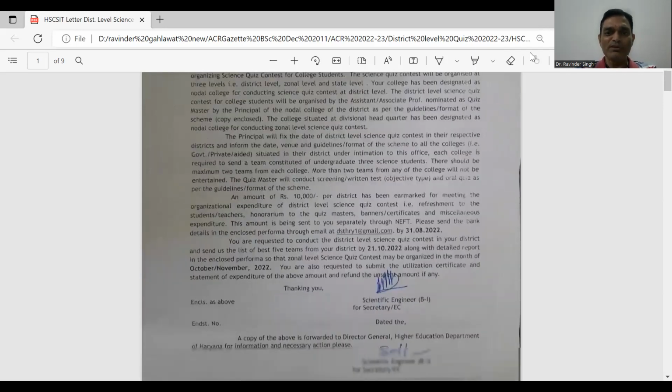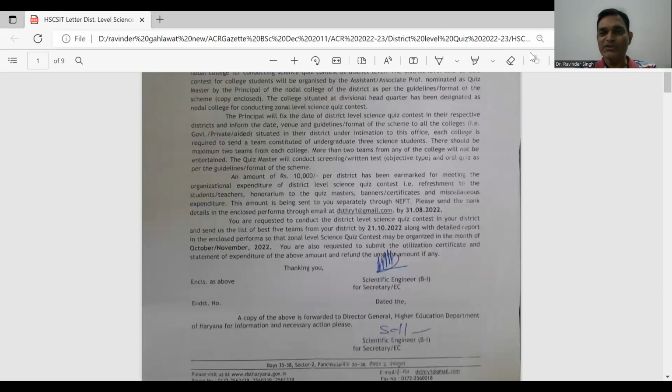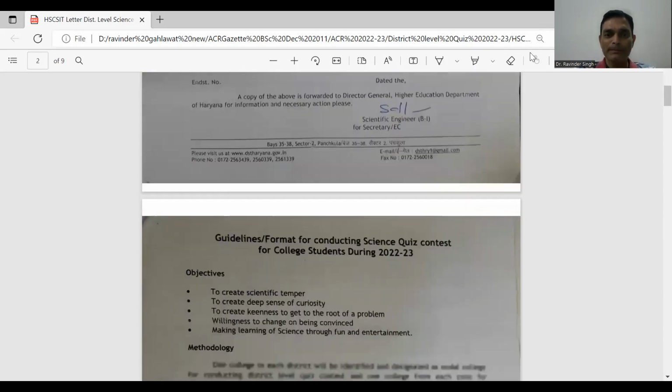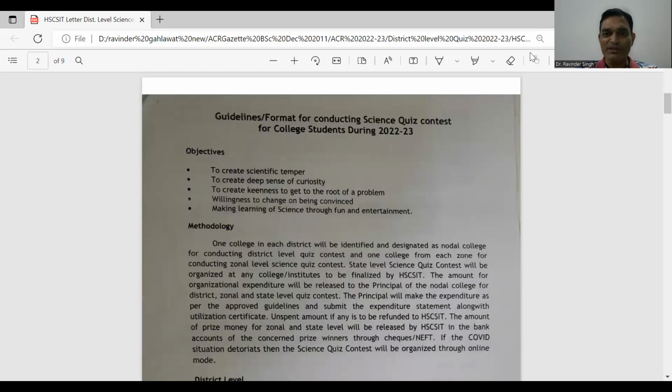There are different rules for the district level science quiz competition. This competition is conducted at different levels: the district level, followed by the zonal level, and finally the state level. Their purpose is to create scientific temper, a deep sense of curiosity, the keenness to get to the root of the problem, and willingness to change on being convinced, making the learning of science fun and entertaining.